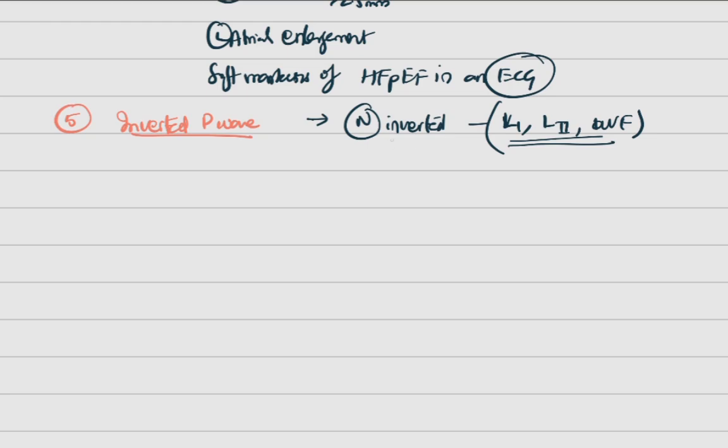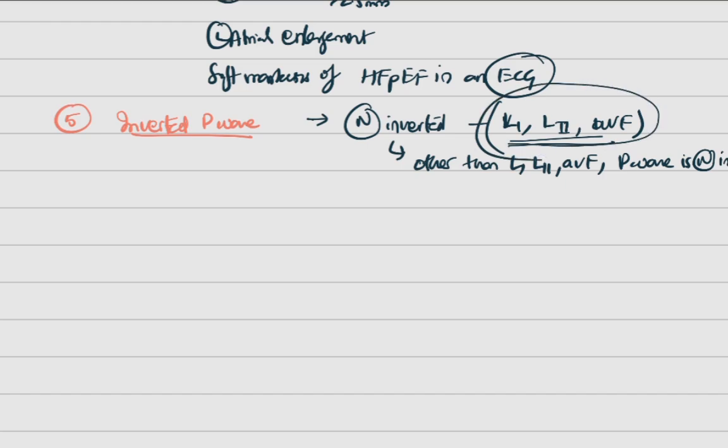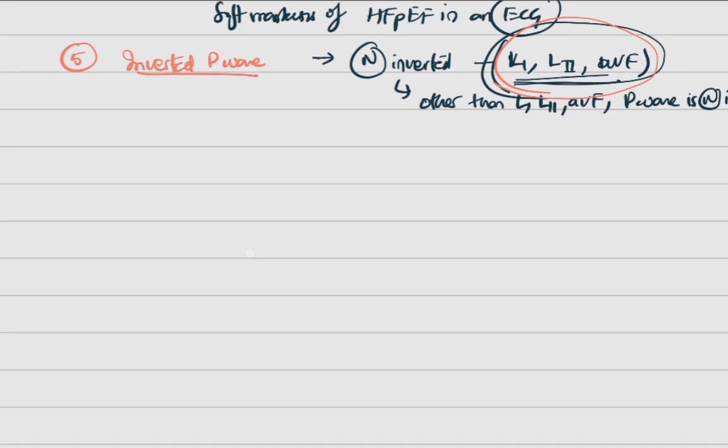In other leads there are normally inverted P waves. So only these leads you have to see for an inverted P wave. If there is an inverted P wave in these leads, it may suggest there could be incorrectly placed leads.